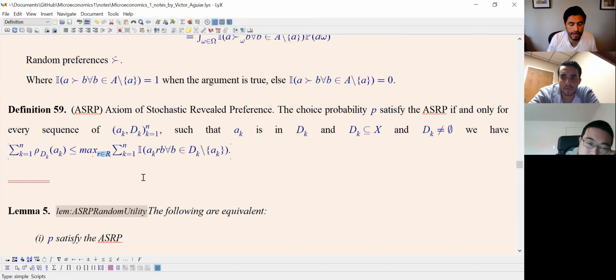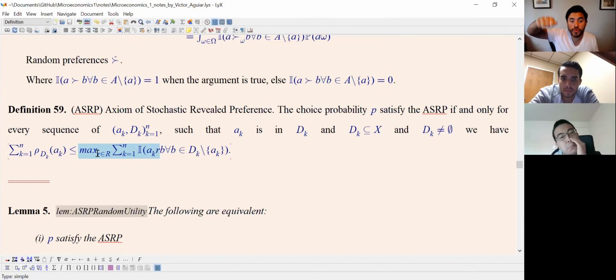And then according to that, I start summing again over the sequence, but only from the deterministic prediction. So this will be 1 whenever A_k is the better item according to R in the menu D_k, and 0 otherwise. So if I take the summation over this, over the maximum, the preference ranking that gives me the most 1s instead of 0s, this is going to dominate this expression here.